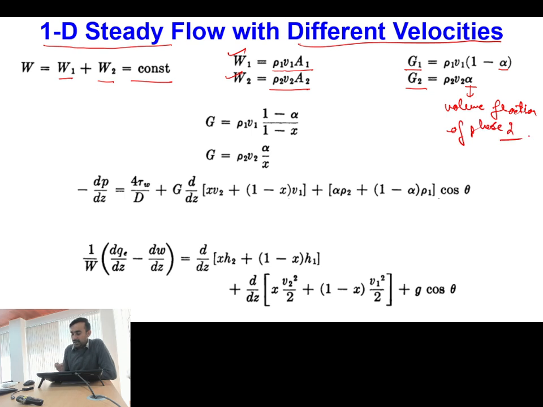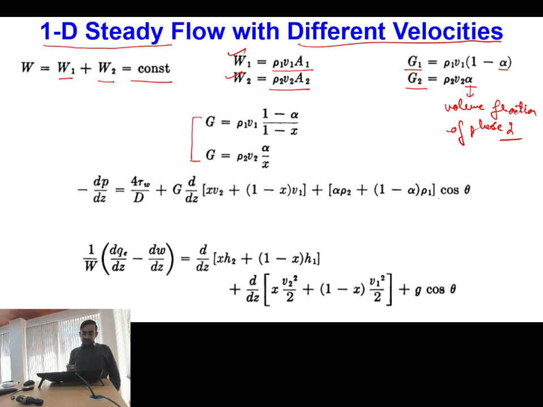This is also related to the total mass flux G, which can ultimately be written in terms of rho 1 v1 into (1 minus alpha) by (1 minus x). Here x is again the mass fraction of phase 2.